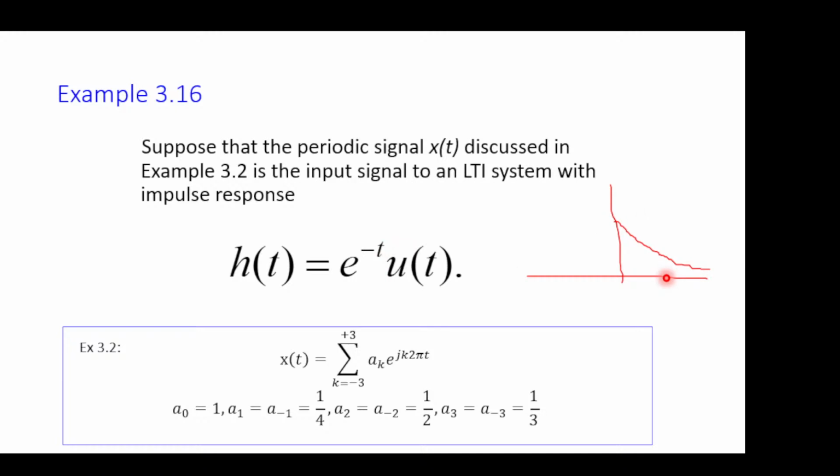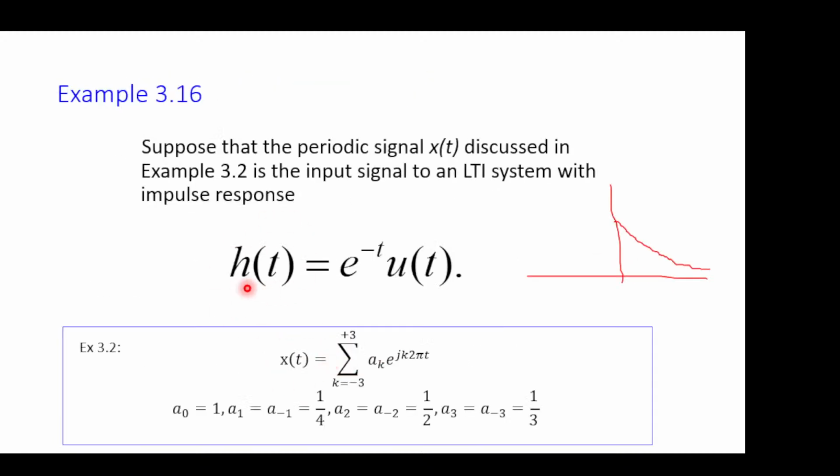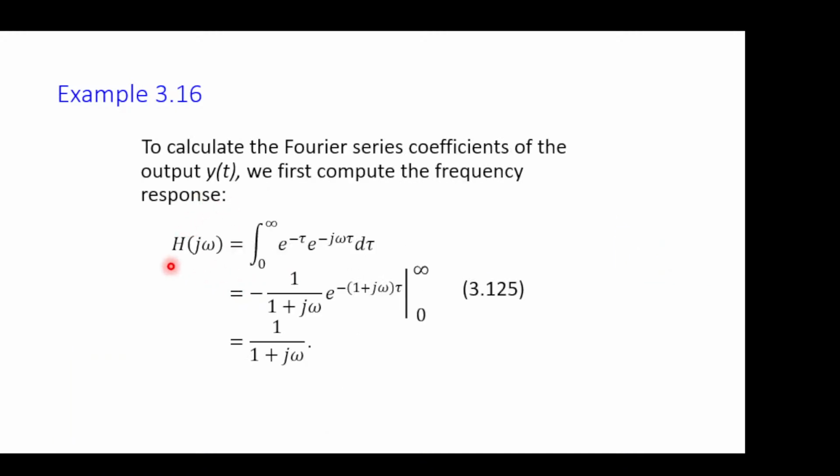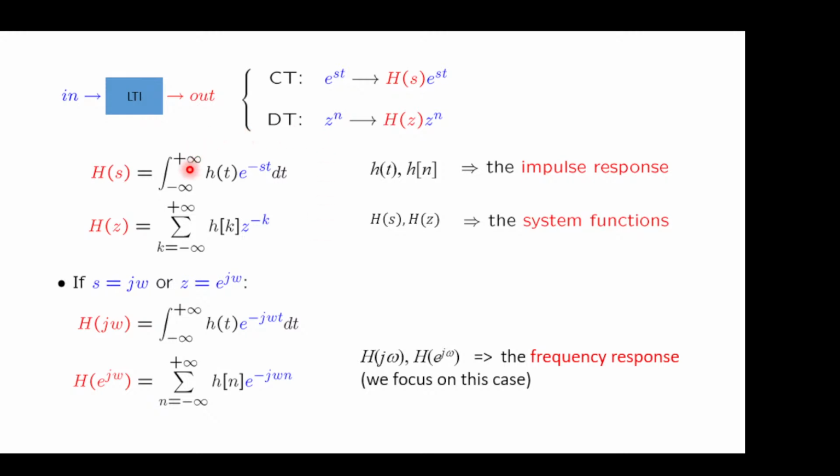Here we need a little bit of calculation, because we want big H, and we are given small h of t. So we need to calculate big H of j omega from small h of t by doing the integration from a few slides before. H of j omega equals the integral from minus infinity to plus infinity of h of t e^{-j omega t} dt.